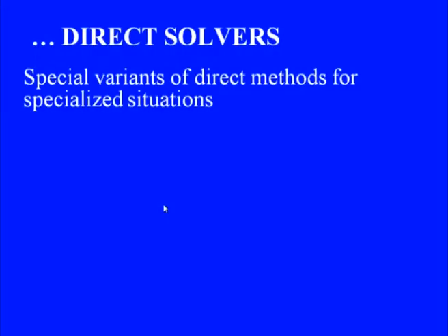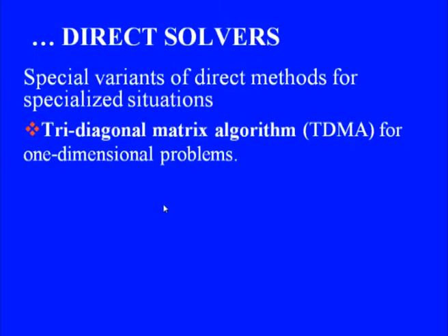For special situations we have special variants of direct methods, like the tri-diagonal matrix algorithm, TDMA in short, for one dimensional problems. In one dimension, when we use a central difference approximation with a 3-point computational stencil, we get a tri-diagonal matrix.